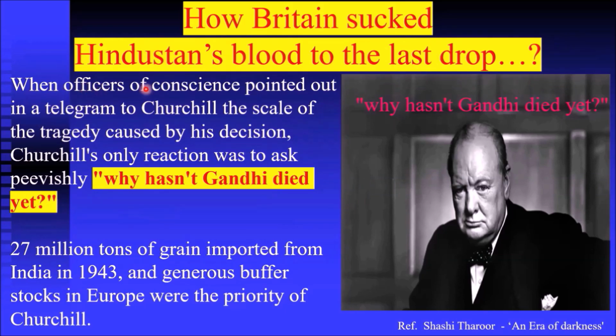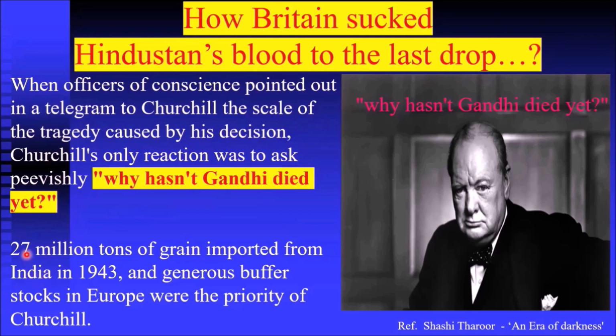When officers of at least a bit of conscience pointed out in a telegram to Churchill the scale of the tragedy caused by his decision, Churchill's only reaction was to ask, why hasn't Gandhi died yet?